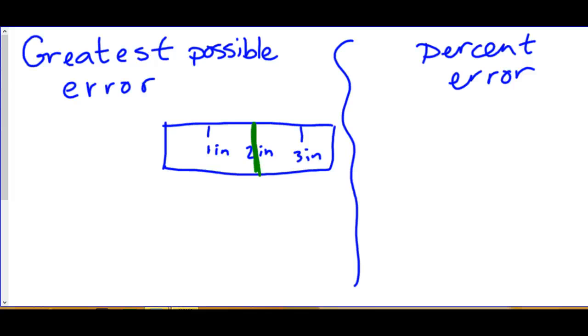So if I measured, for example, let's measure right here, 1.2. 1.2 would round down to 1. So that's not part of the greatest possible error. We want to just include the numbers. We only want to include the numbers that would round to be 2.